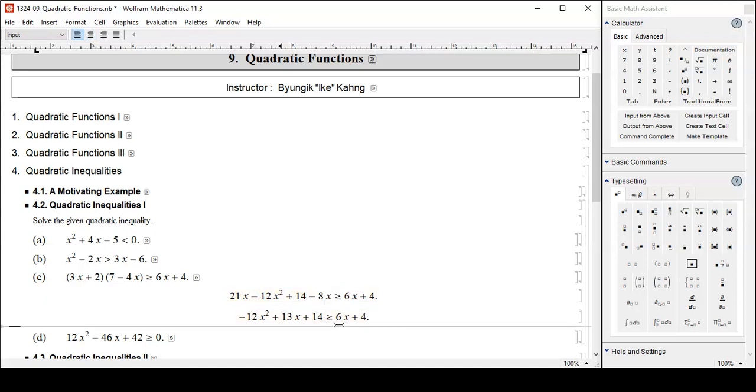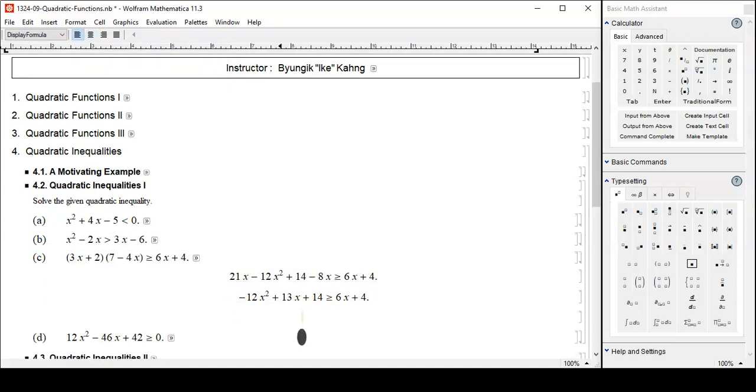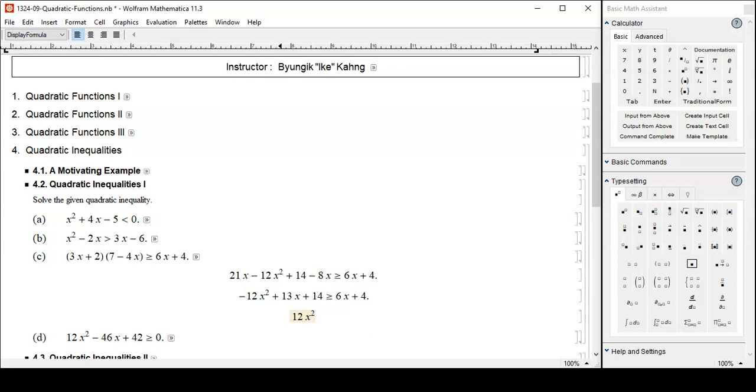Okay, let's flip everything to the right hand side because I cannot think straight if the leading coefficient is negative. So move everything to the right, 12x squared now, and then this one negative 13x minus 14, and 6x plus 4 were there before. Or if you're not comfortable with this, like this, flip everything to the right hand side.